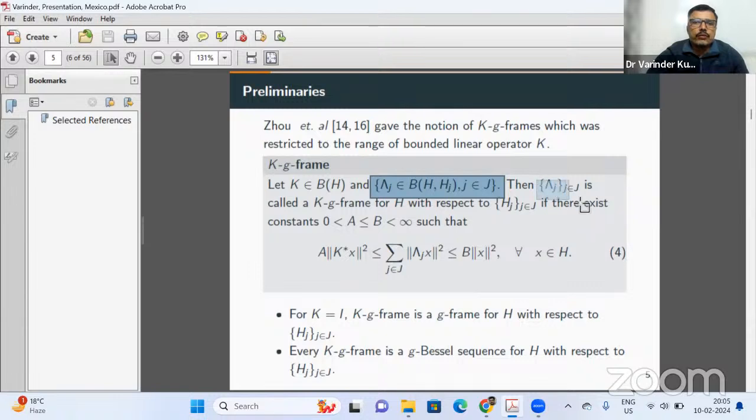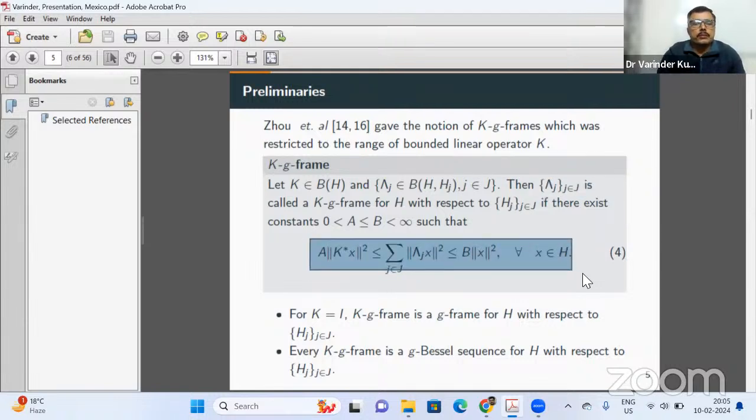Then this sequence of operators lambda J is called a KG frame if this inequality holds, that is, we are able to find constants A and B, which are, as earlier, positive and finite.